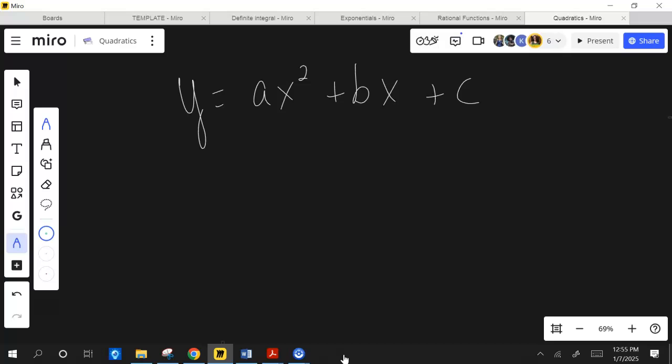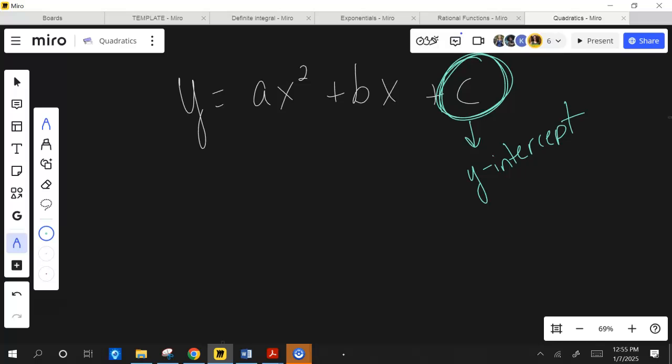All right, first thing I want you to look at is that number on the very end. That number on the very end is special because it tells you your y-intercept. What is a y-intercept? Where it crosses the y-axis.